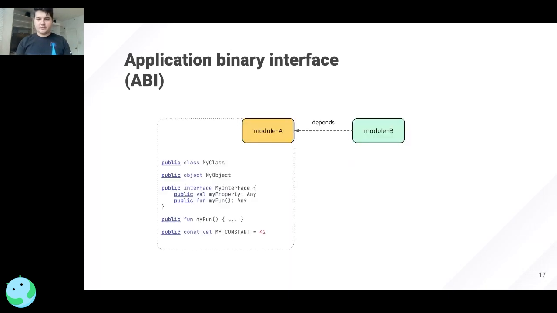Let's imagine that module A defines a bunch of public classes, public objects, and public interfaces, and those interfaces and classes can have public member properties and member functions. Also, we have higher order functions or public constants. And as you can see, in all those cases, the keyword here is public.